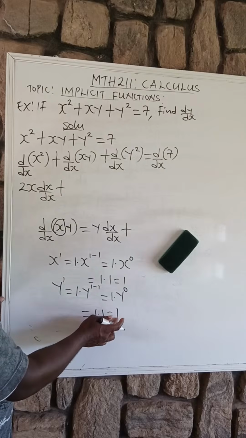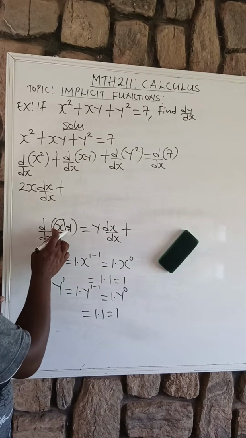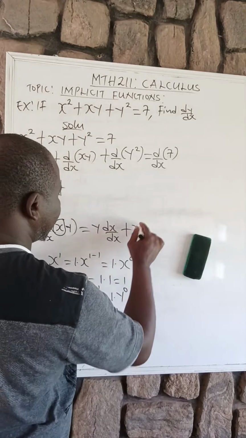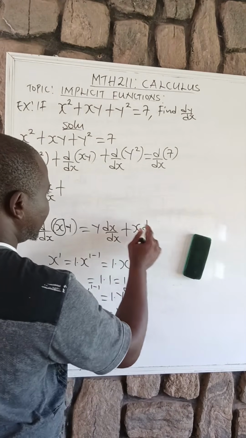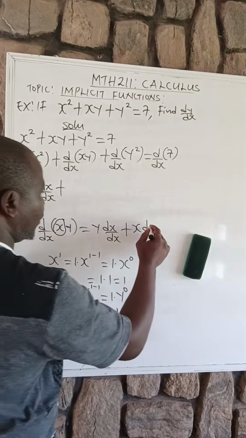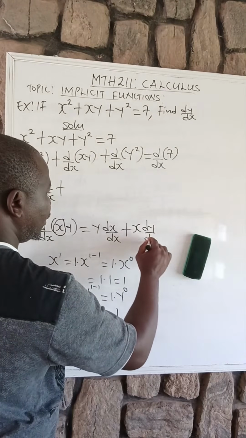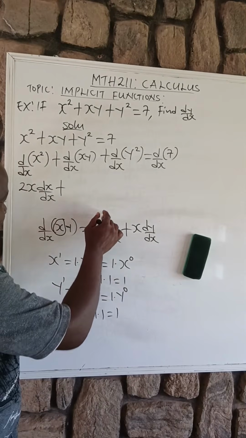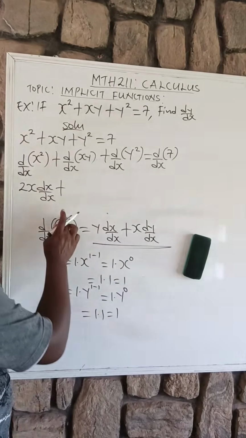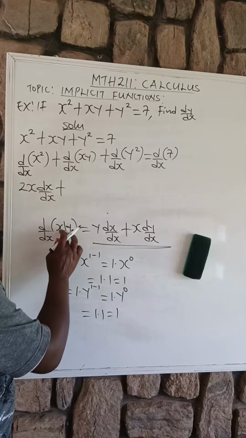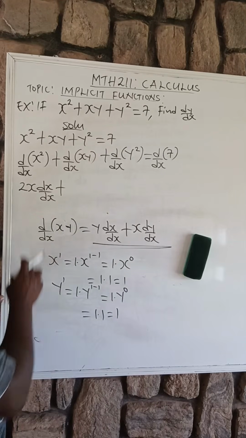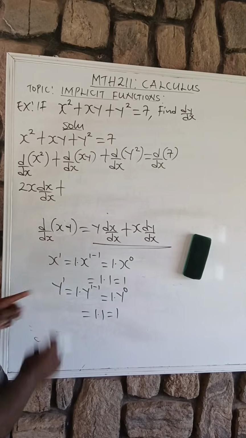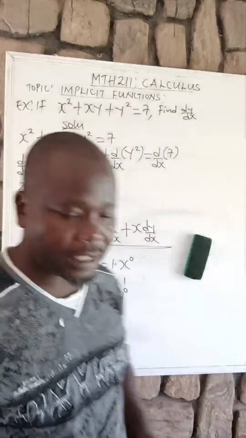So 1 times x is x. So it means x dy all over dx, because it is differentiated for y. So this is the answer to d all over dx of xy. Do you understand, please?